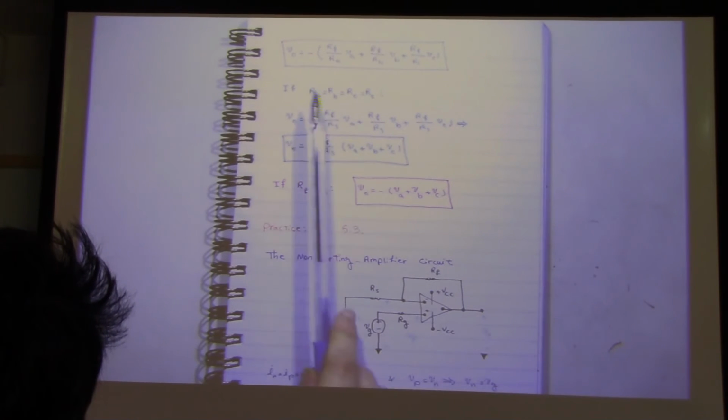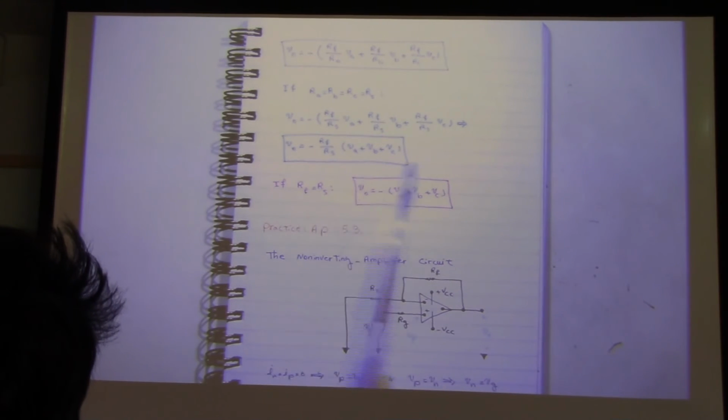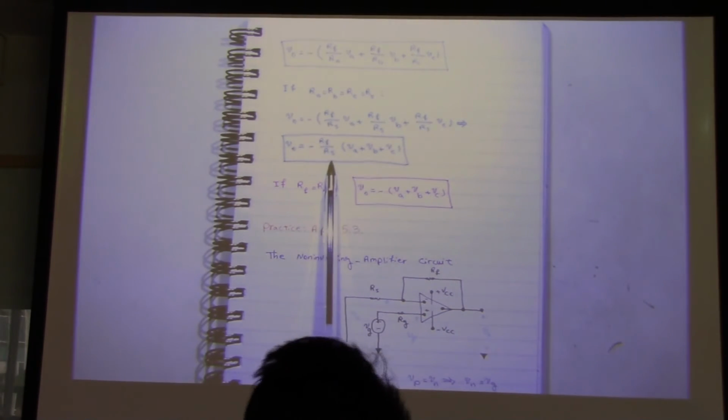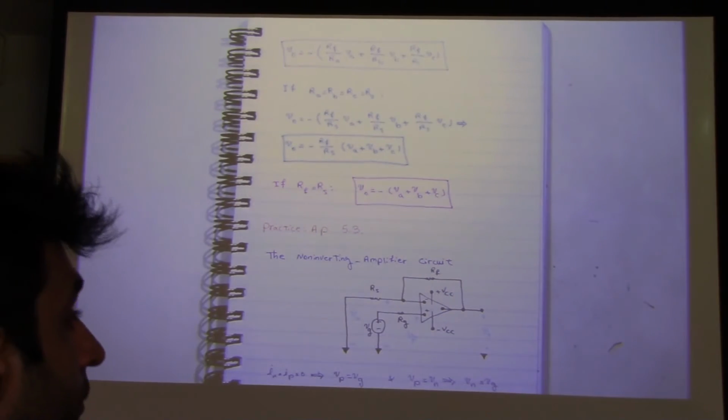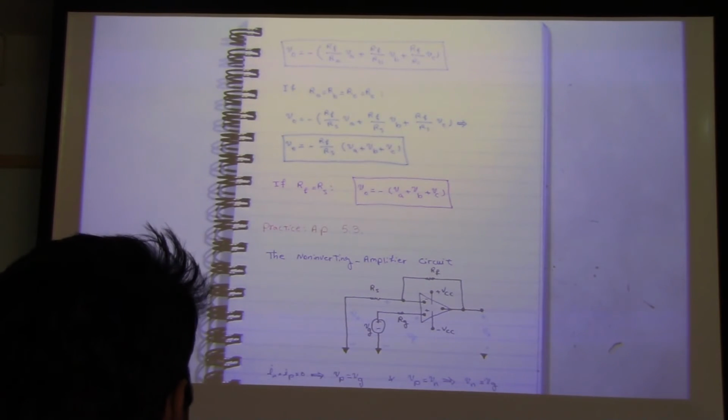So now if we assume that RA, RB, RC, and RS all are equal, we'll get something like this. And if we say again RF is equal to RS, we have something like this. It means output will be the summation of input voltages. Questions?